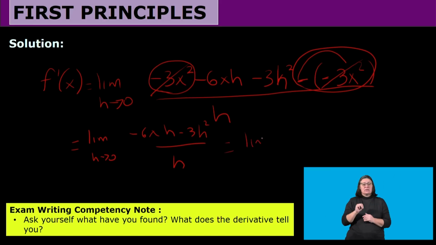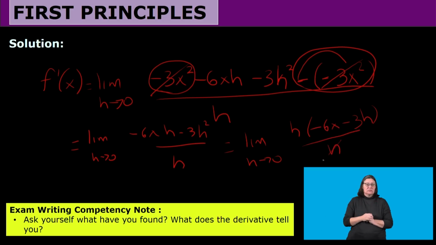So this is equal to the limit as h approaches 0 of h into minus 6x minus 3h all over h, and those cancel out. Now at this point, we can substitute h is equal to 0. So therefore we get from first principles that the derivative of minus 3x squared is equal to minus 6x.